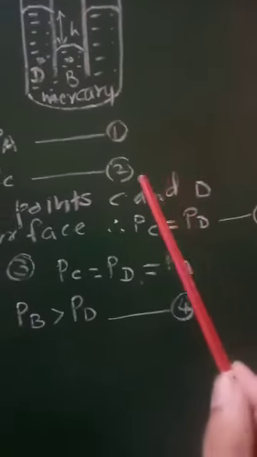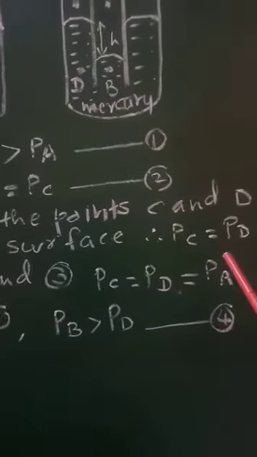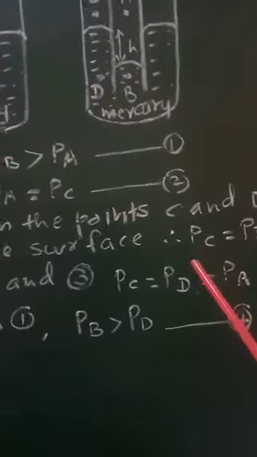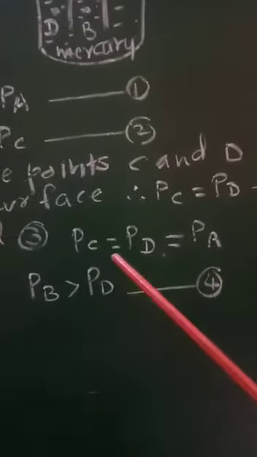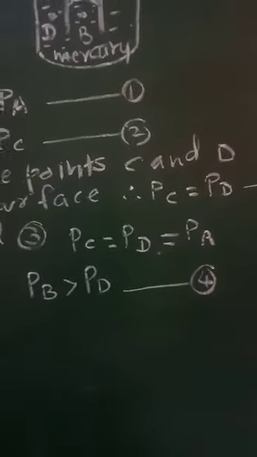Now if you compare equation number 2 and equation number 3, then PC equal to PD, but PC is equal to PA, and therefore PC equal to PD equal to PA.